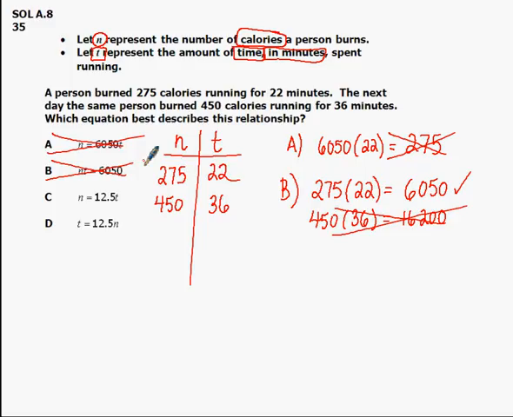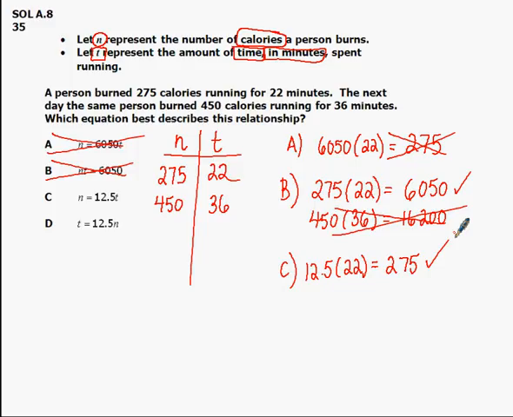C says if I take 12.5 and I multiply by my T value, for example 22, it says I should get my N value of 275. When I punch that in my calculator, I in fact do get 275. Since that works, I'm going to carry on and try my next piece of information.